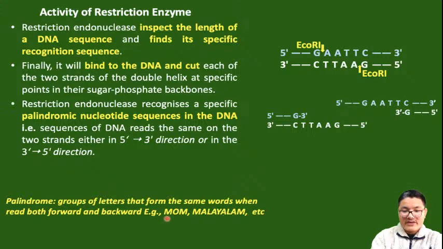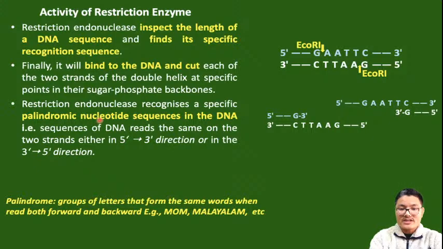If we read Malayalam from the end, it is Malayalam. The same word can be read in the forward and reverse direction, so these words are called palindromes in English. The same is the case with restriction enzymes. Restriction enzymes can identify DNA which has a palindromic nucleotide sequence.